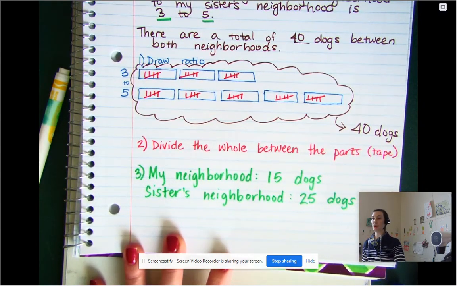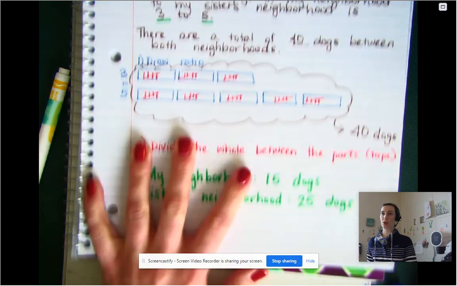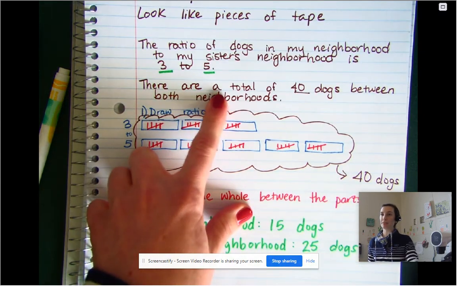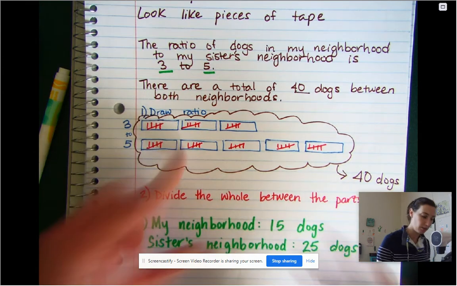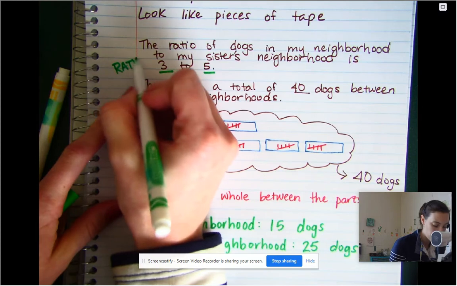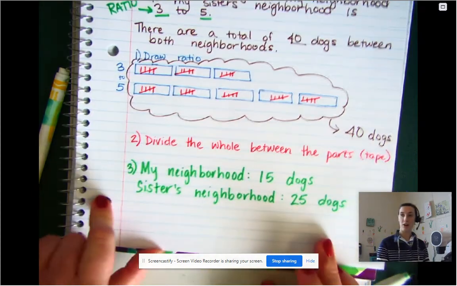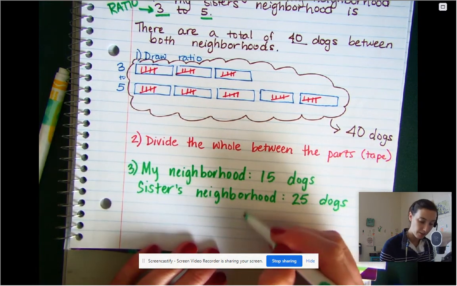What we've done here now is we've come up with an equivalent ratio. So 3 to 5 is one ratio, and another ratio now would be 15 to 25.